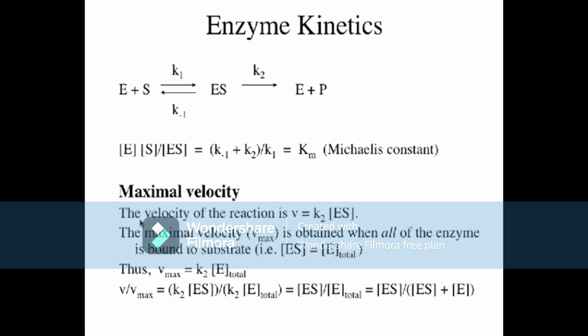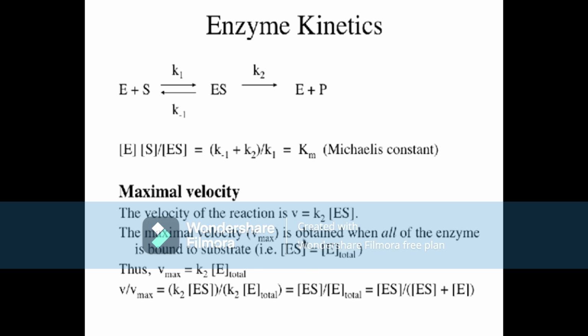So let's talk about the velocity of the reaction. That's going to be this K2 times enzyme substrate complex, right? The maximal velocity is where all of the enzyme is bound to substrate. So enzyme substrate complex is the same as the total enzyme concentration. There's really only two forms of the enzyme, free and bound to substrate, right? So Vmax is going to be K2 times E total.